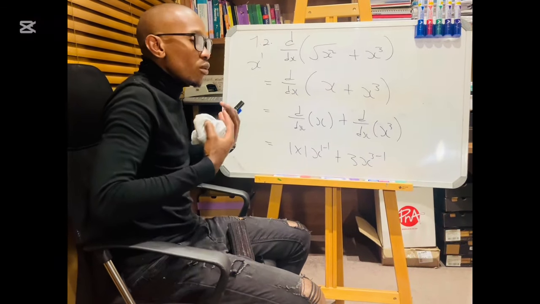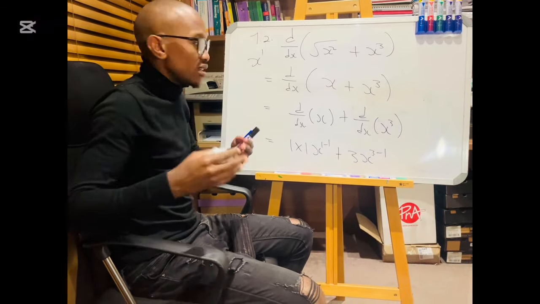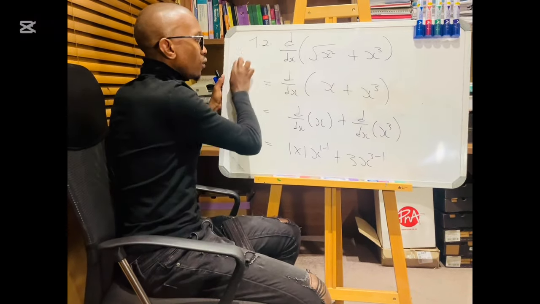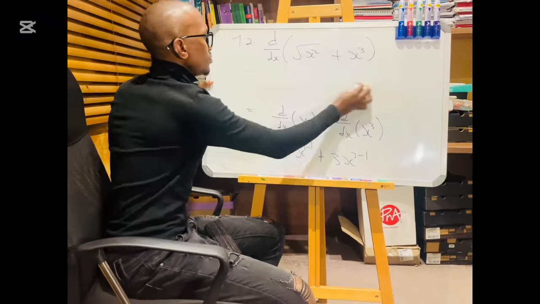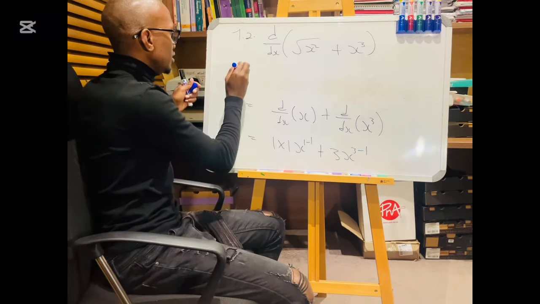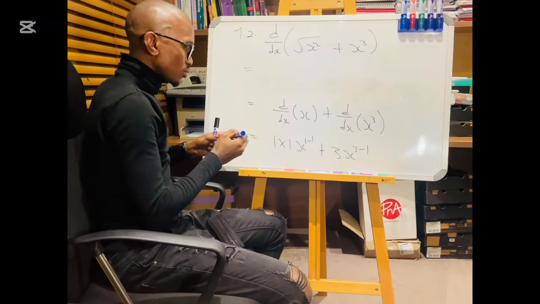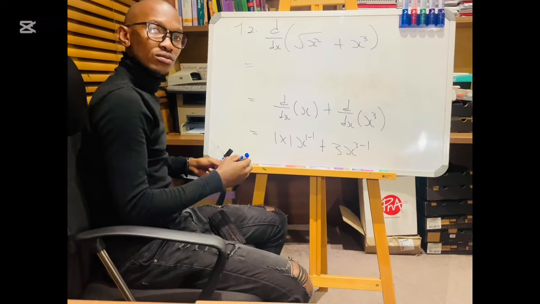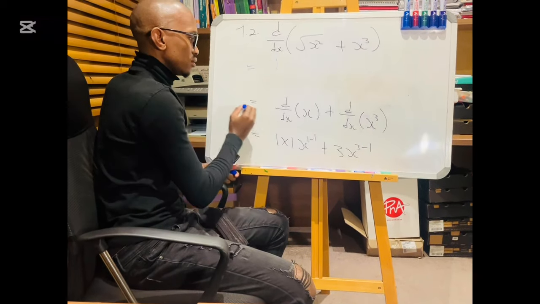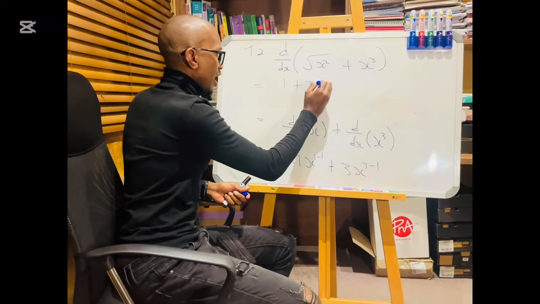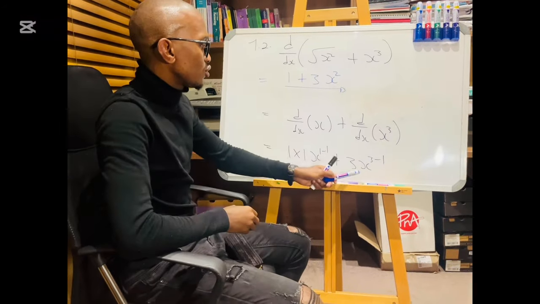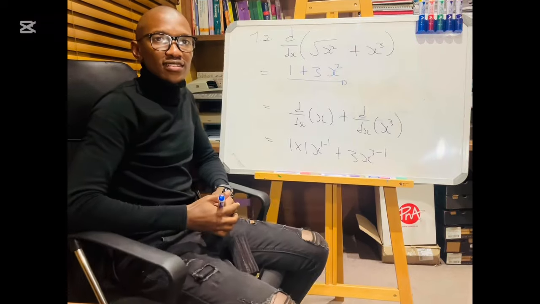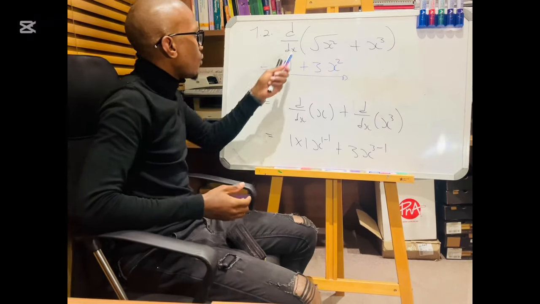The thing is that I want people to see every step involved. I can remove this to write my final answer. So 1 times 1 is 1. Anything to the power 0 is 1. So I'm going to have 1 plus 3x squared. There you go. 3 minus 1 is 2. And that's your final answer for the first one.